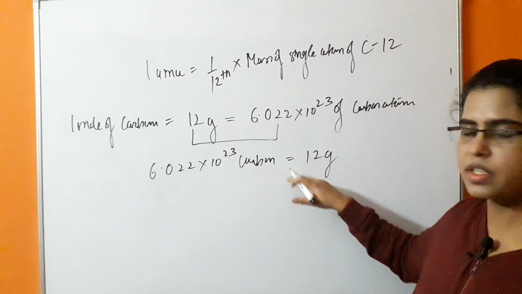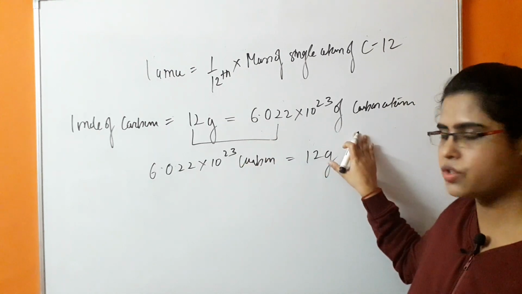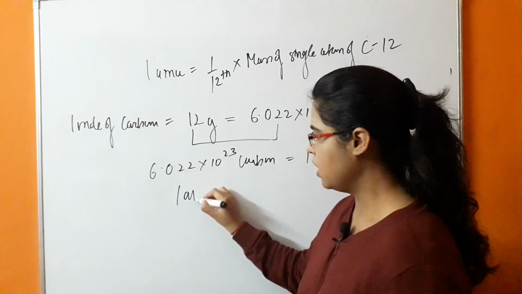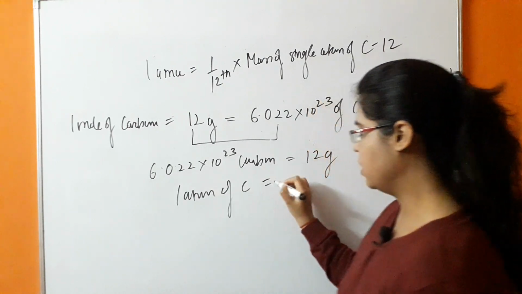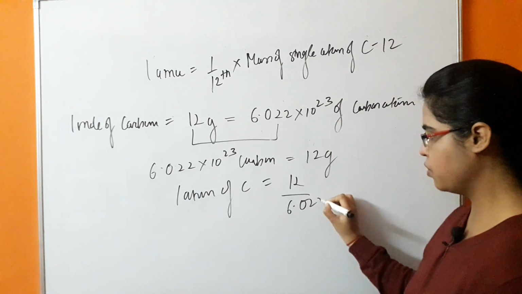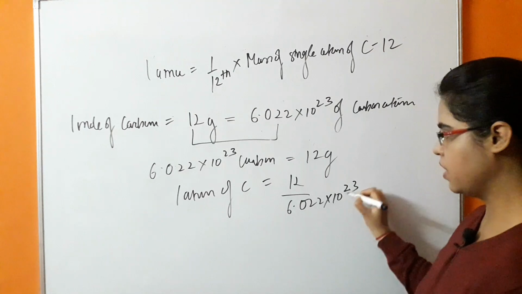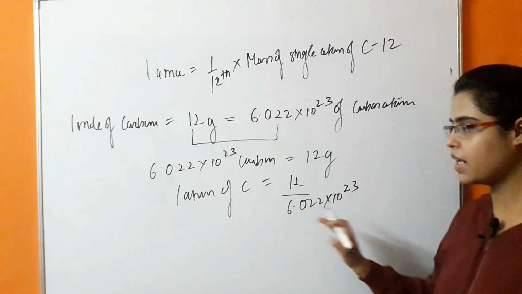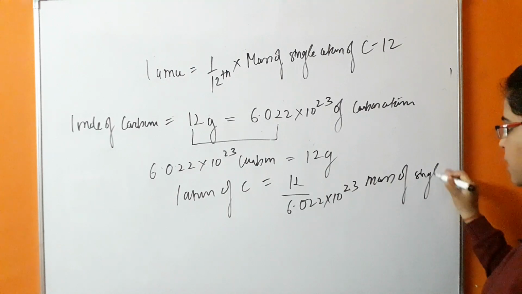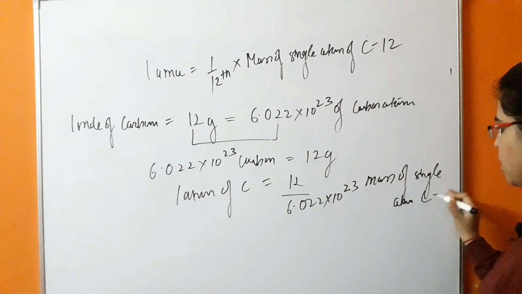This is a standard relationship. We have to find out the mass of one atom. So one atom of carbon has a mass of 12 divided by 6.022 into 10 to the power 23. So the unitary method will be applied. This is the mass of a single atom of carbon 12.